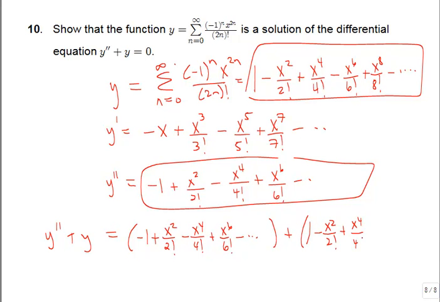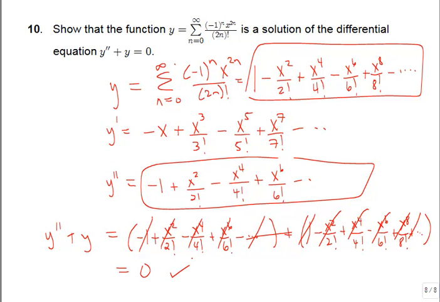And since they are exactly the same terms but always opposite in sign, they're all going to cancel each other out all the way to infinity. So this will cancel with this, this with this, this with this, and so forth. So they all cancel, and that's why you're going to end up with 0.